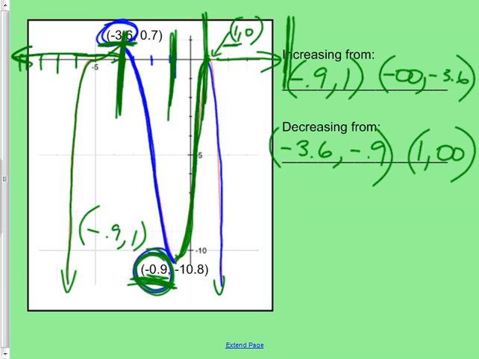Yes, sir? On those actual numbers, do you not need brackets? Good question. The question really boils down to a debate. Do we want to have brackets on this or not? If we just focus on this little interval right here that's going up, is it still going up when it hits the top?